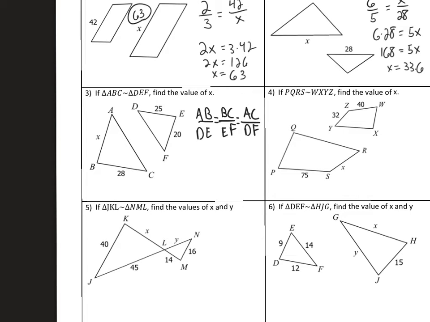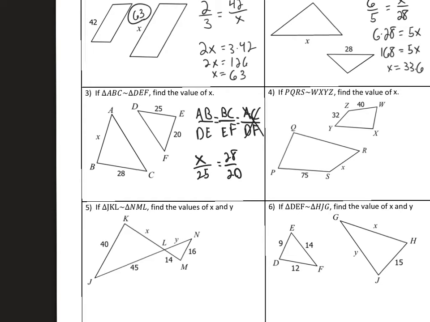Now I'm going to fill in the values from the diagram. AB is right here, and that's x. DE is over here, that's 25. BC is 28. EF is 20. I don't know anything about AC or DF, so I'm just going to cancel those out for now and solve the proportion I have below.